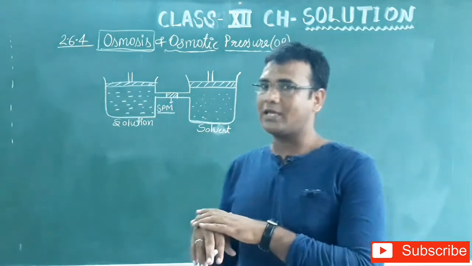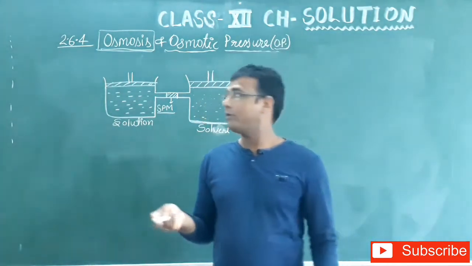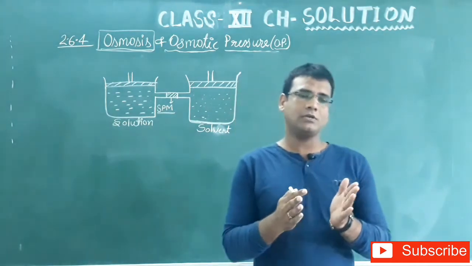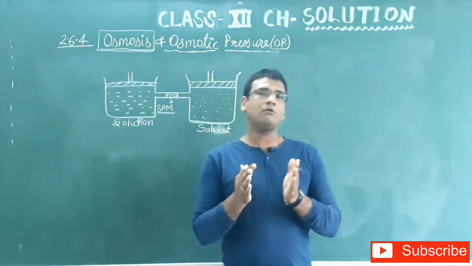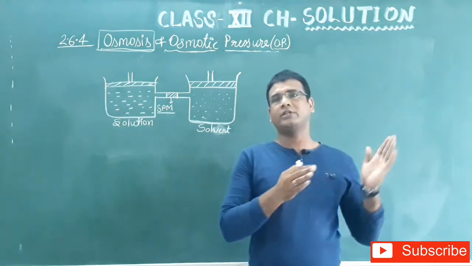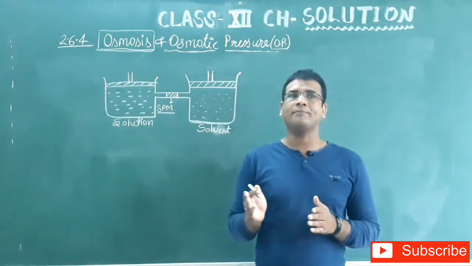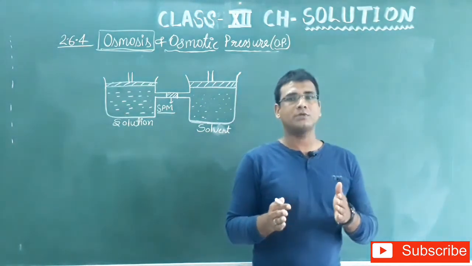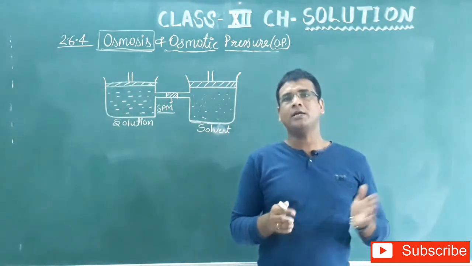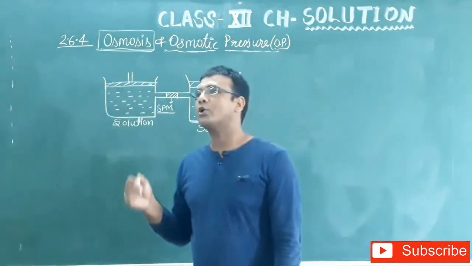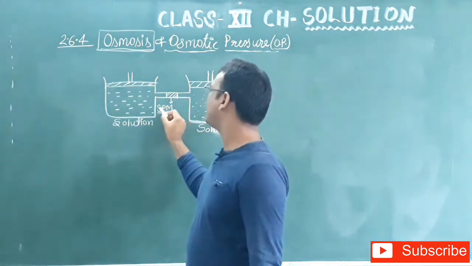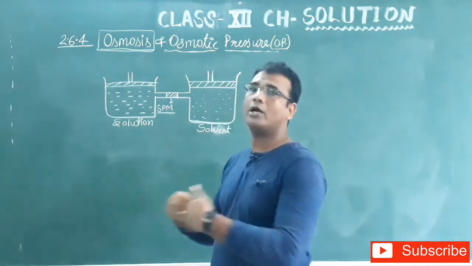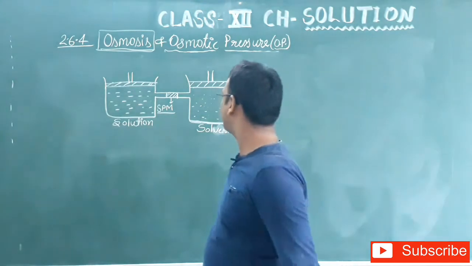Here this is skin, this is a membrane. So there are certain membranes. The first category of membrane allows all movement, whether it is solute or solvent. Okay, the next membrane allows only the movement of some selected particles, that is called a semi-permeable membrane. Semi means half, permeable means allowing movement, and membrane as membrane.